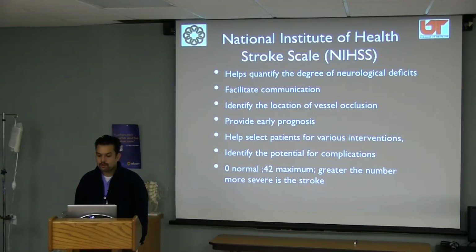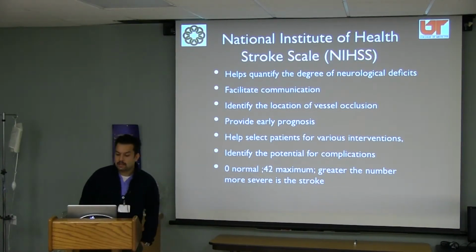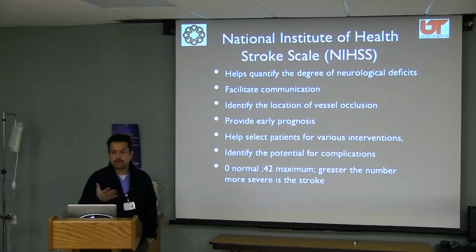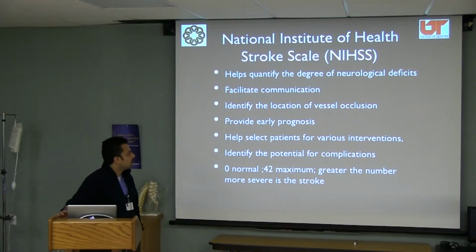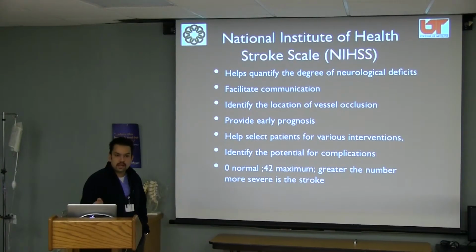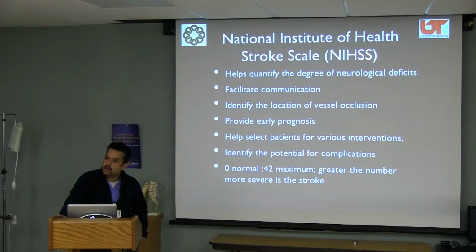Now, the modified NIH stroke scale is the same as the NIH stroke scale. The whole idea, to answer the question of why we're pushing for the NIH stroke scale, is that it's like the currency whenever you sign out amongst yourselves and whenever you call the person on call with a neuro change. We want to know what it was before and what it is now, and we want to be able to quantify.